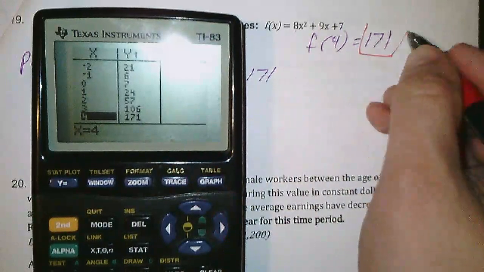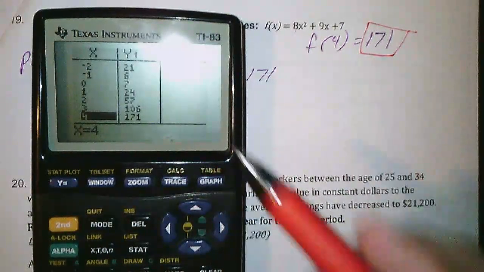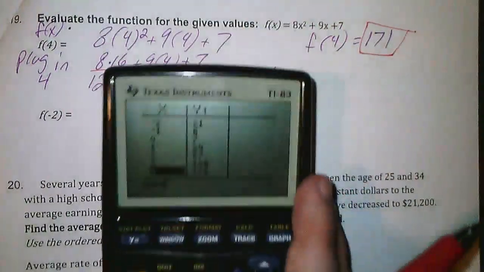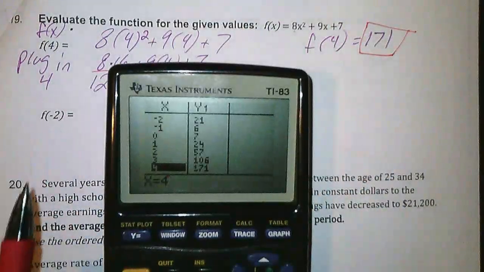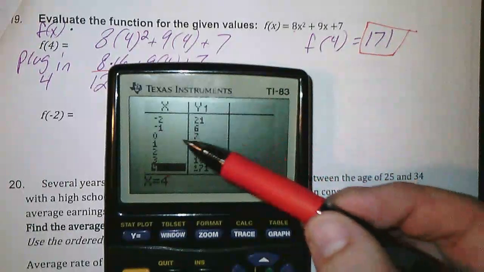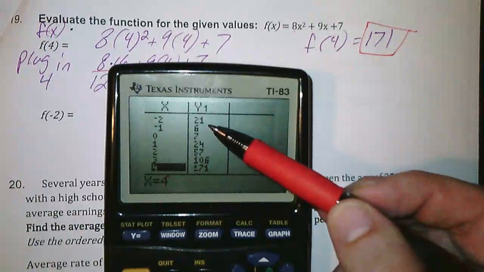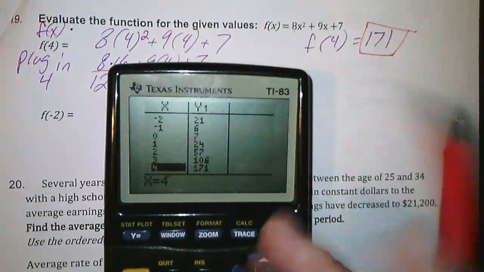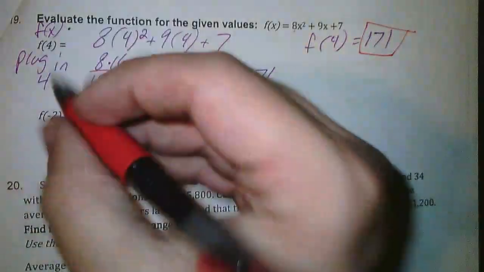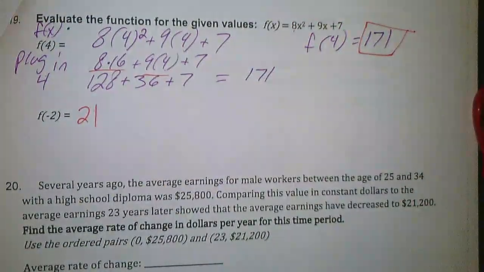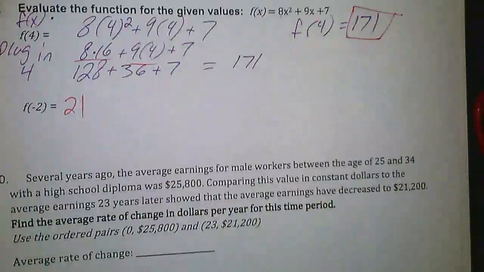We're just basically finding the y value at this given x value. And so to find f of negative 2, we just have to scroll up to negative 2. And that y value is 21. So a few different ways you can work that problem.